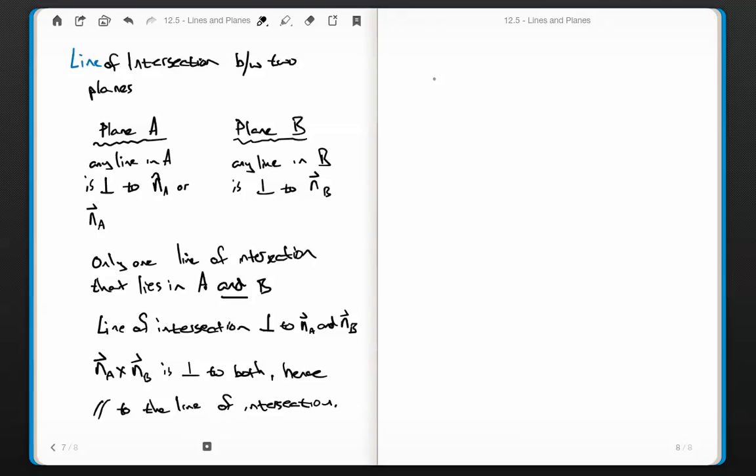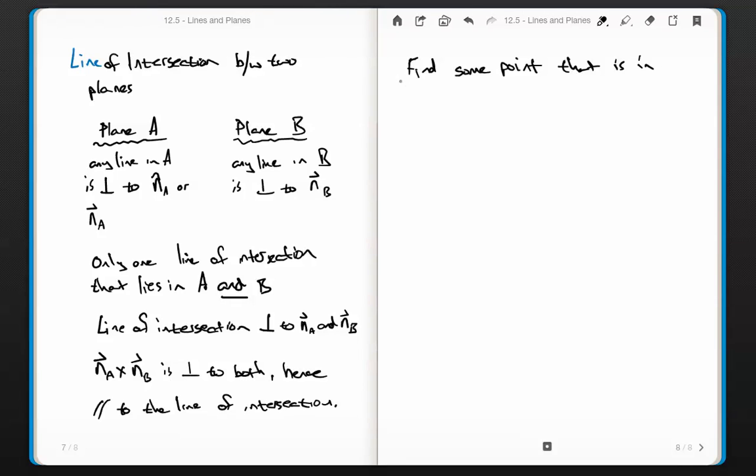So we need to find some point that is in both planes and affix our new parallel vector.